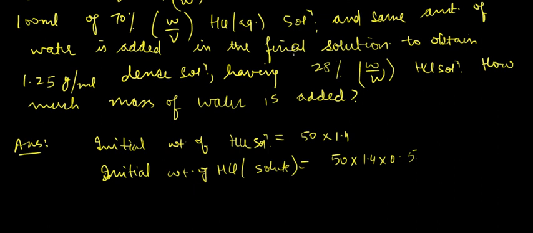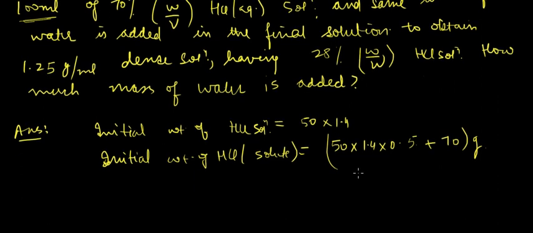So what would be the weight of the HCl here? The weight would be 70 grams, simple, because in W/V we take V in milliliters. So 70% implies 70 gram in 100 ml solution, and we have been given that it is 100 ml solution only, so the mass would be 70 gram only. So this is the initial weight of HCl solute.